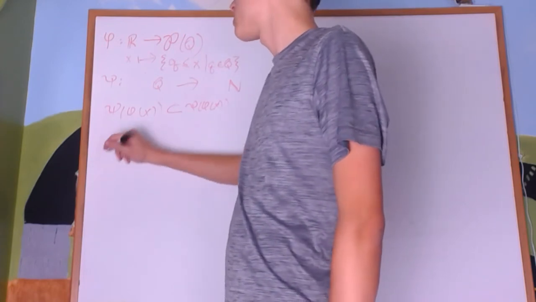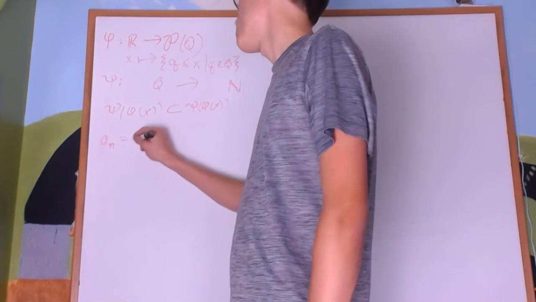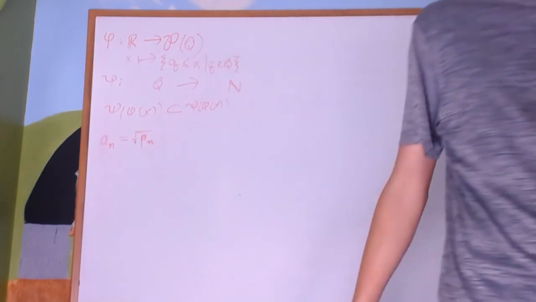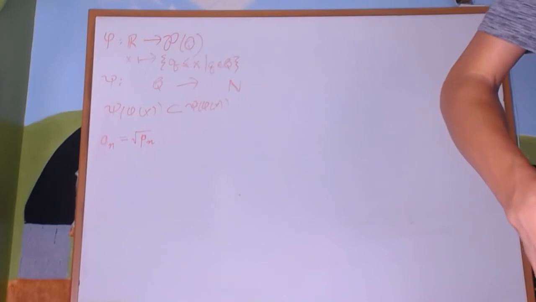I'll call it, you construct a value called a_n, which is the square root of the nth prime, so p is a prime.